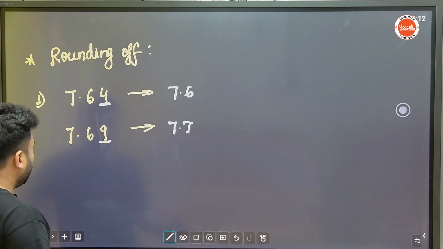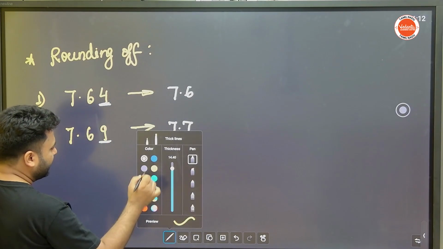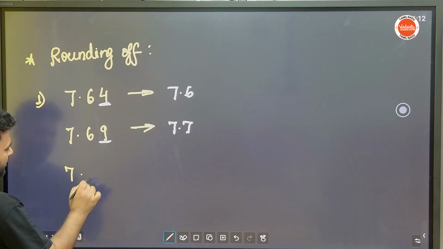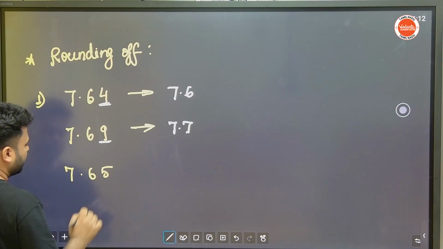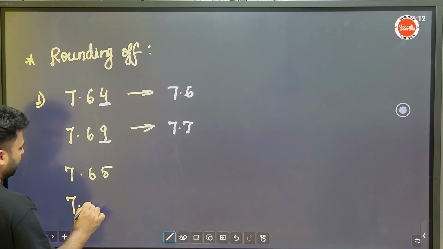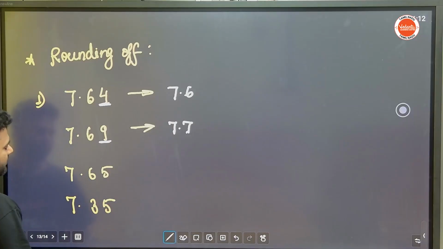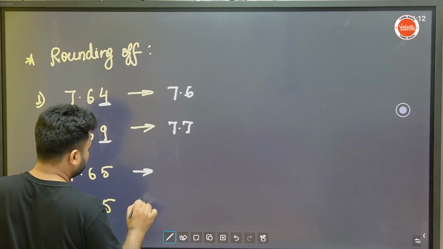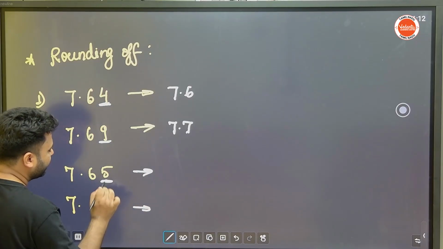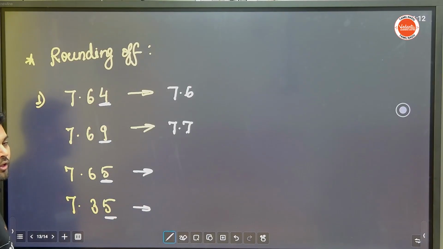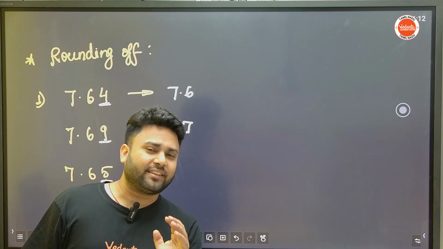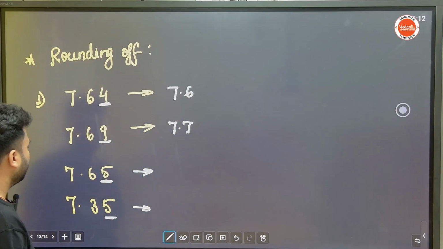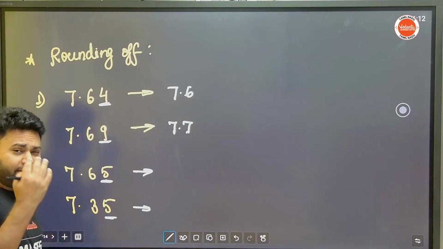Very easy. Now the problem comes, what if the last digit is exactly 5? Another example I am taking like this. Now, if the last digit is exactly 5 and the previous digit is even, we love even numbers.